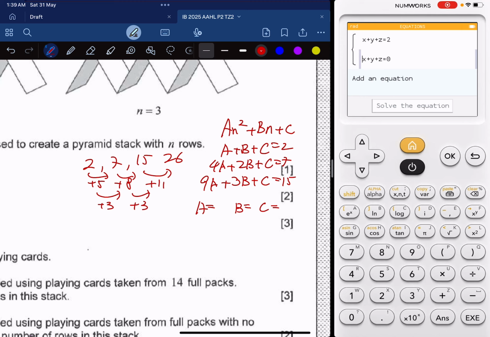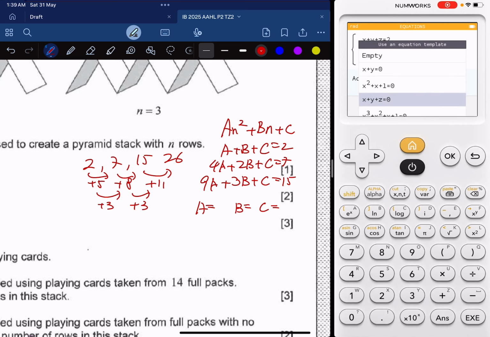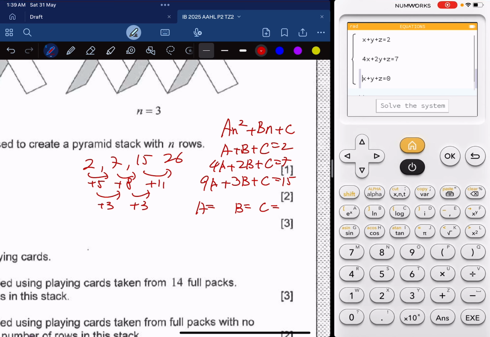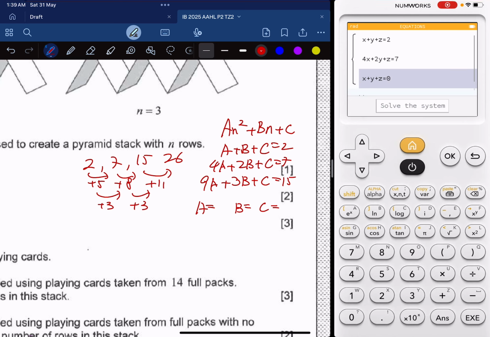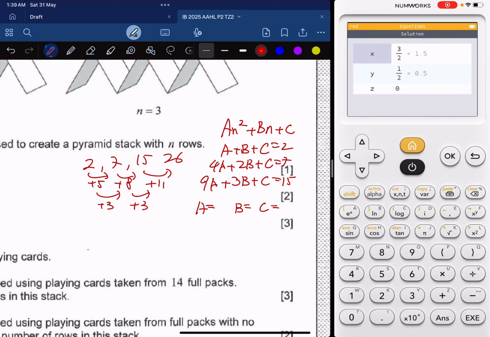And then this will be 4, 2 equals 7. The last one would be 9, 3 equals 15. So A would be 3 halves, B would be 1 half, and C would be 0.